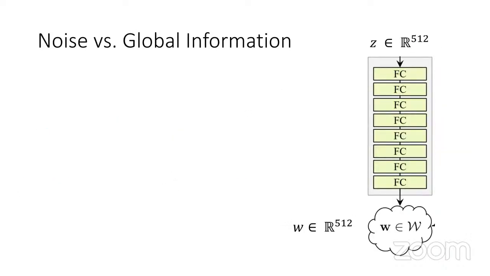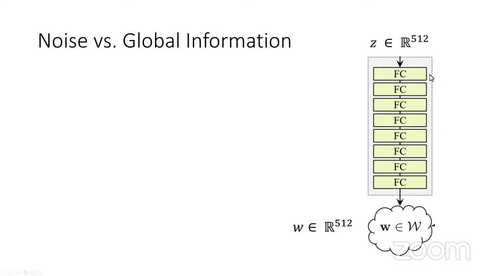And one other part of the architecture is what is called a mapping network. And in this mapping network, and this is now the StyleGAN version, you start with a random vector Z that has 512 components. And all these FC are fully connected layers.